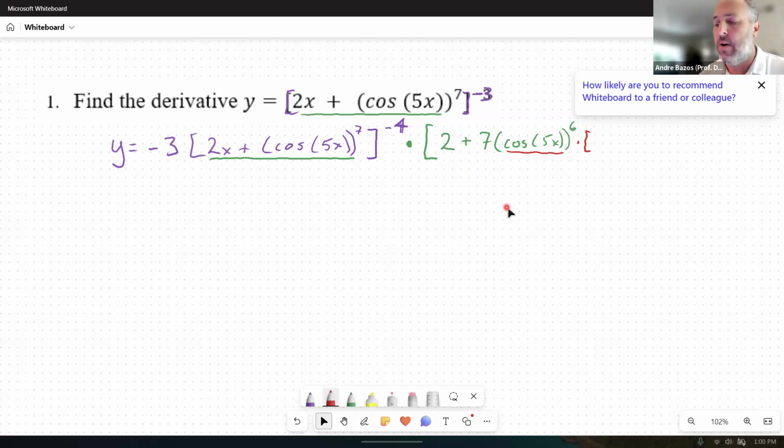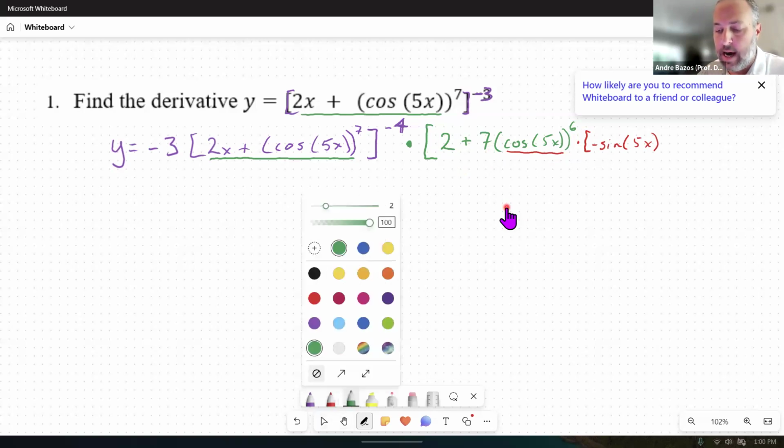and that is not true. So now we're taking the derivative of cosine of 5x. The derivative of cosine of 5x is negative sine of 5x. Don't touch the inside function. And that is the derivative of that inside stuff. But I'm not done yet, because now I have another derivative. What color do I use?